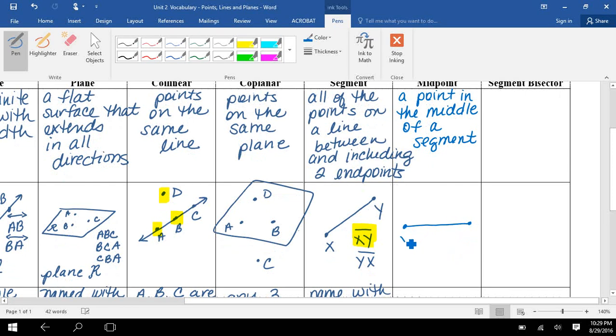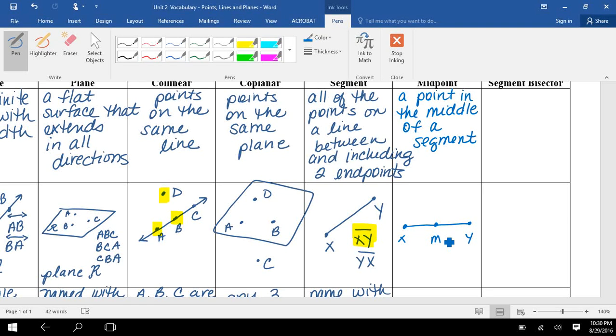let's go back to XY like we had in the previous problem, and we'll just call M the midpoint. So M could be the midpoint. Now it's a point, so it has to be labeled with one capital letter. Now, my drawings are not perfect, and I did not get out a ruler to make sure that that M was exactly in the middle.